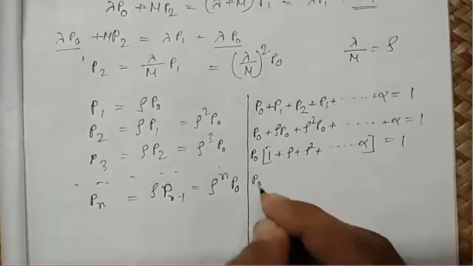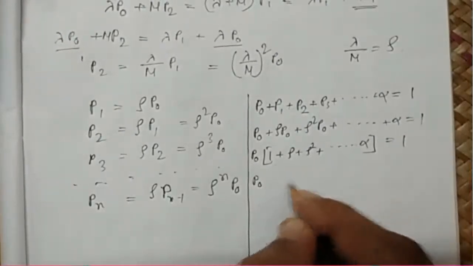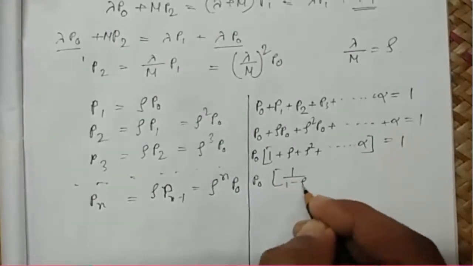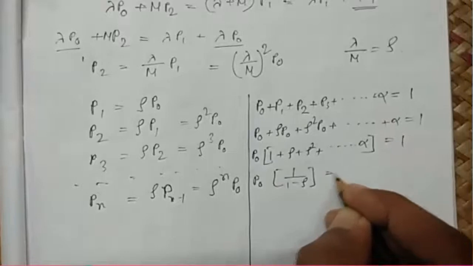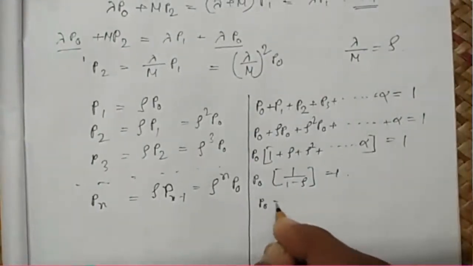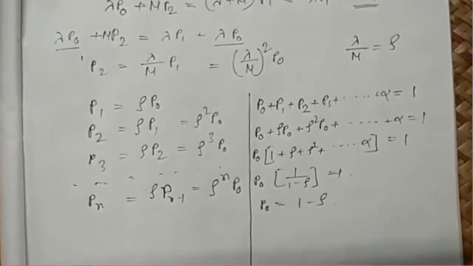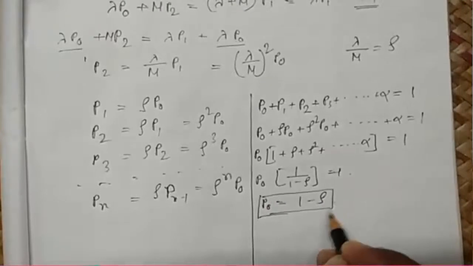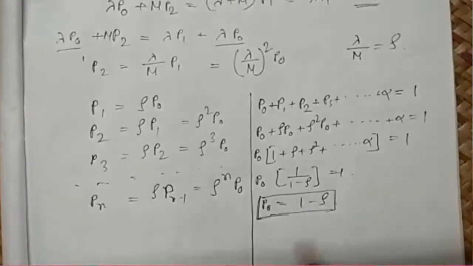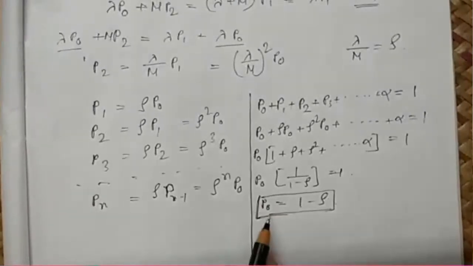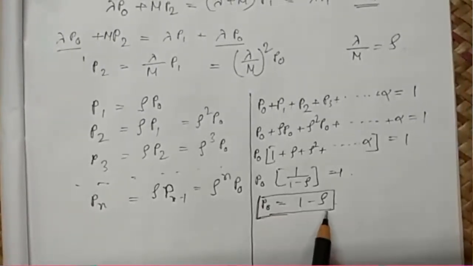Here if we apply the condition of a series, as rho is less than 1, we get 1 minus rho, so P naught is 1 minus rho. This is a very important one to remember, because if you know P naught, you can find out Pn, and P naught can be found out if we know rho.